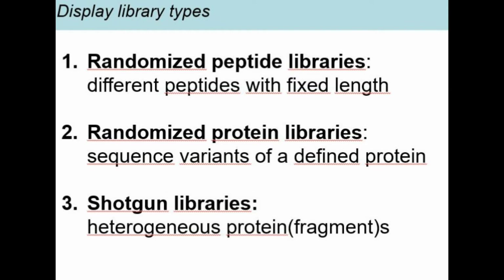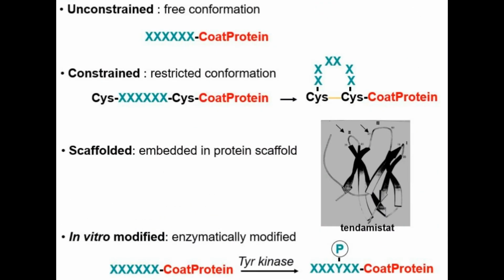So when we have the randomized peptide library, we can have four different types of states in which they're present. So first is an unconstrained state, which has a free conformation, so the coat protein can be directly linked to the peptide sequence.